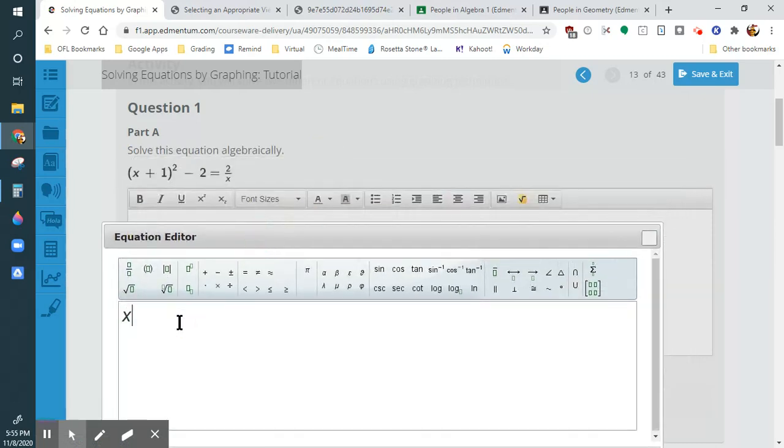So I get x plus 1 squared minus 2 equals 2x. This is easy because now that, 2x. Okay. I was like, that's a little too easy there.